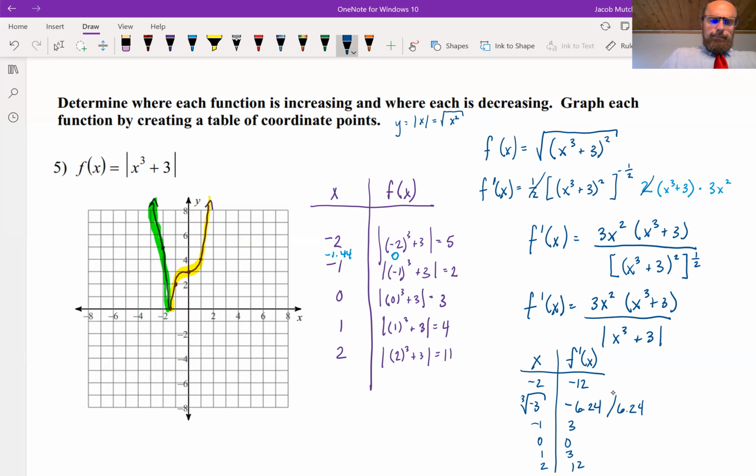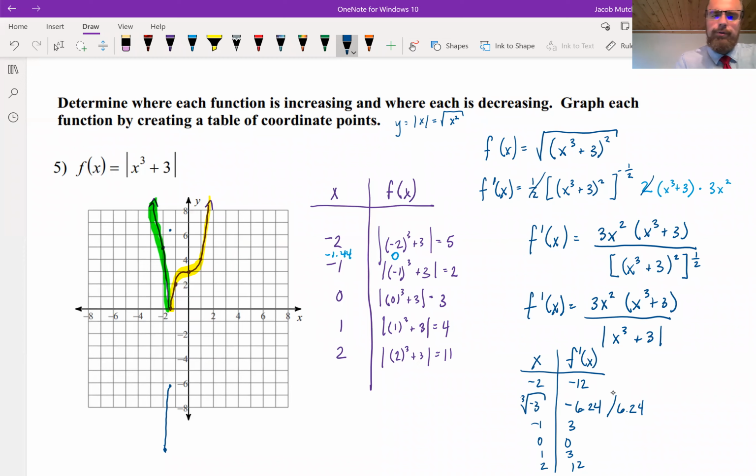-12 is pretty much off my screen. I can estimate that it's about there. At about -1.44, I have the value of -6.24. So this lower half terminates right there, and then the function picks up at positive 6.24.